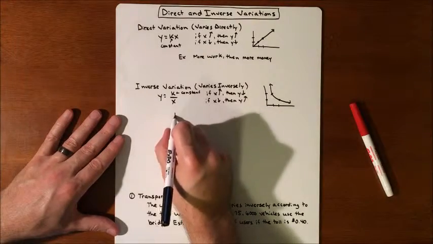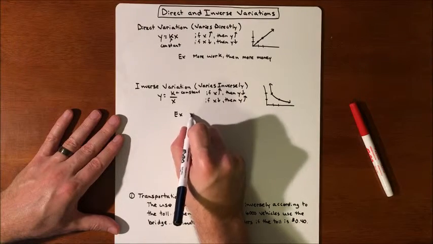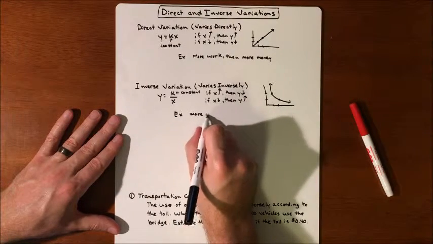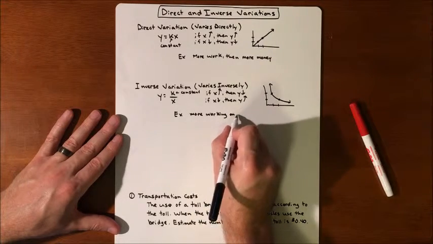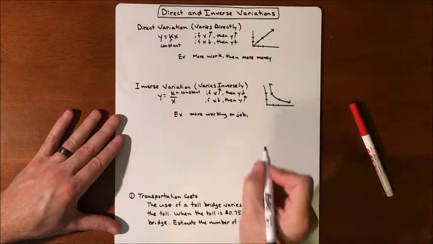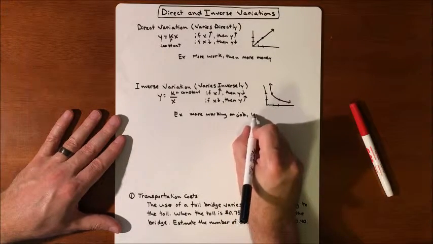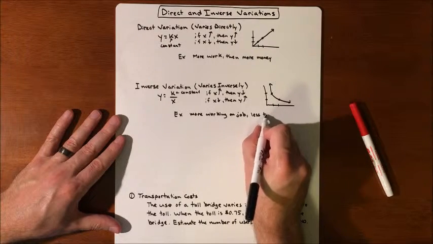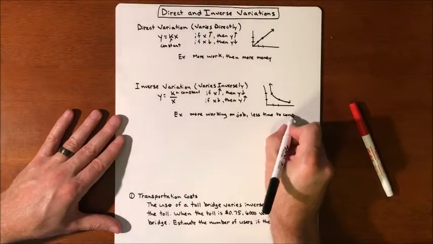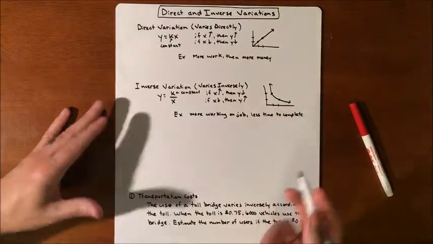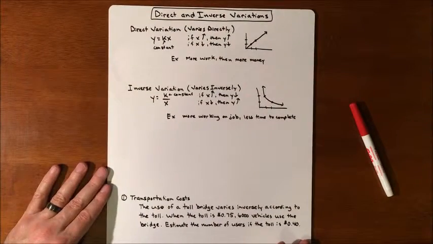An example of that would be if more people are working on a job, then in theory, it should take less time to complete. There's all sorts of different examples, but those are just some really quick ones that most people can relate to.